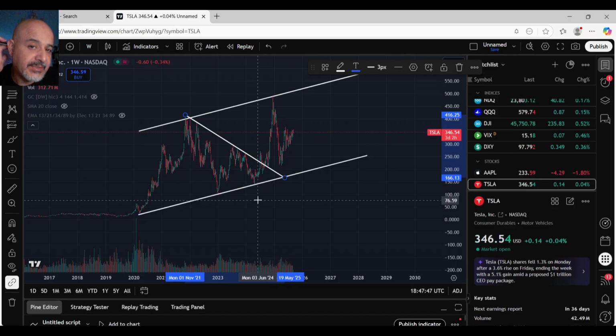But you'll see the breakout here, and then it retested, and from there we ended up going into a new high.